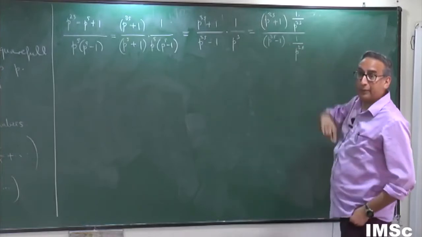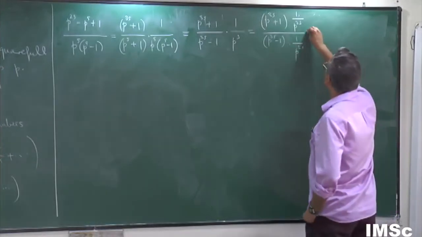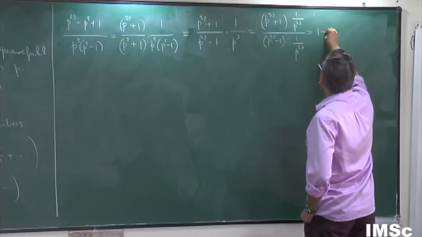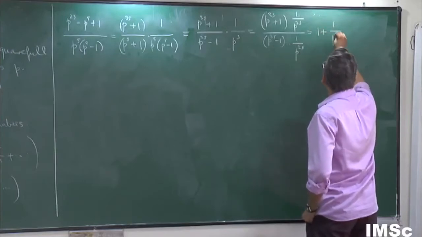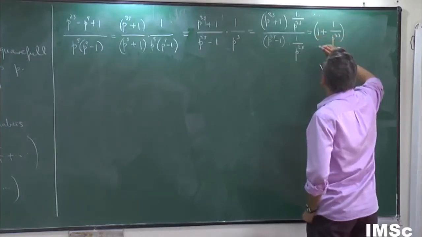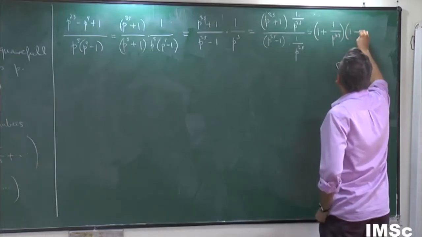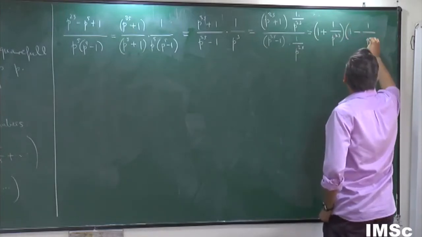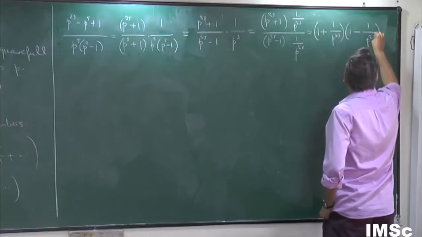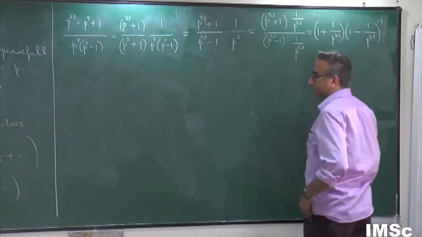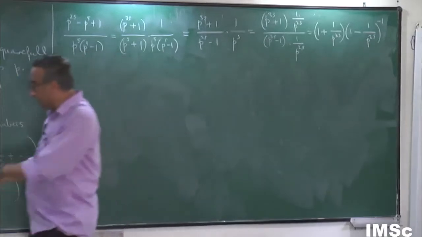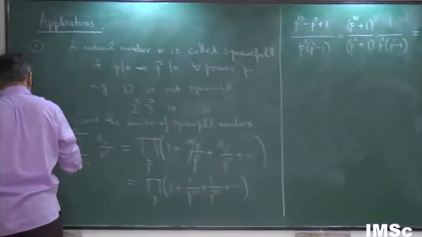Okay, so I just rewrote that silly 1 over p. The advantage of doing that is the Euler factor now becomes 1 over p to the 3s times 1 minus 1 over p to the 2s inverse. Exactly. Good. So let's call this Dirichlet series f of s here.